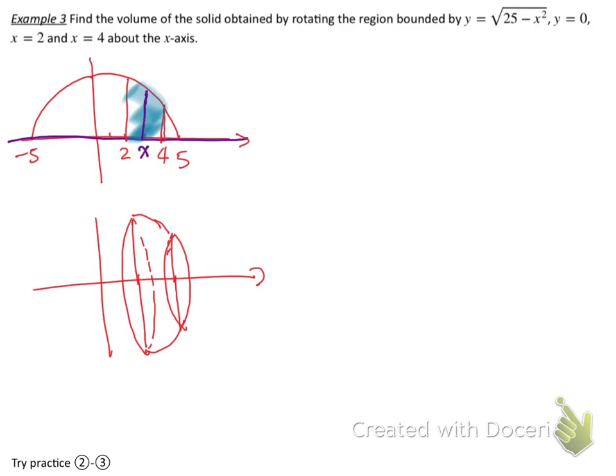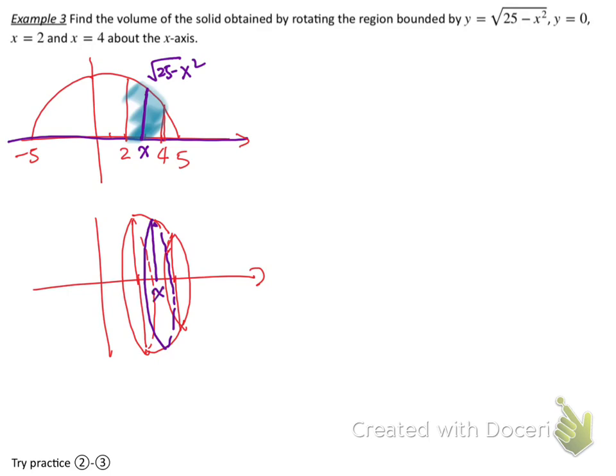Here's x. Remember, what's the upper bound here? Square root of 25 minus x squared. And this line will go somewhere here. And when you rotate a line along a perpendicular axis, it becomes a circle, but with this radius.